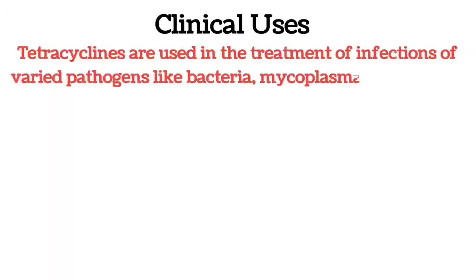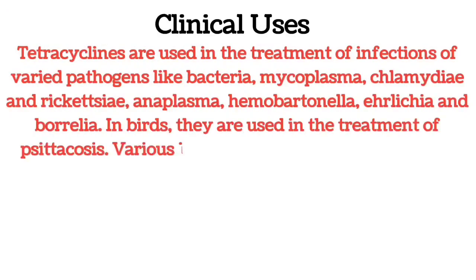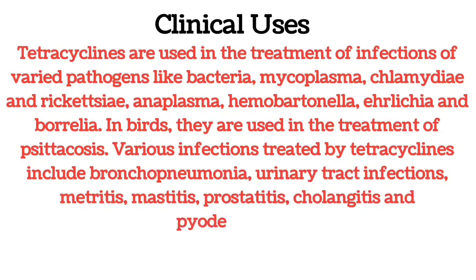Clinical uses. Tetracyclines are used in the treatment of infections of varied pathogens like bacteria, mycoplasma, chlamydia and rickettsiae, anaplasma, hemobartonella, Ehrlichia and Borrelia. In birds, they are used in the treatment of psittacosis.